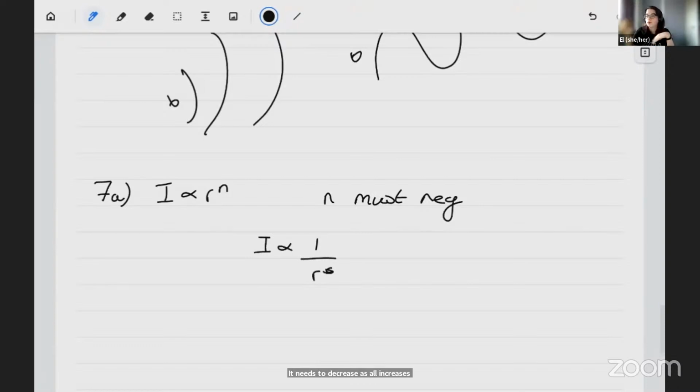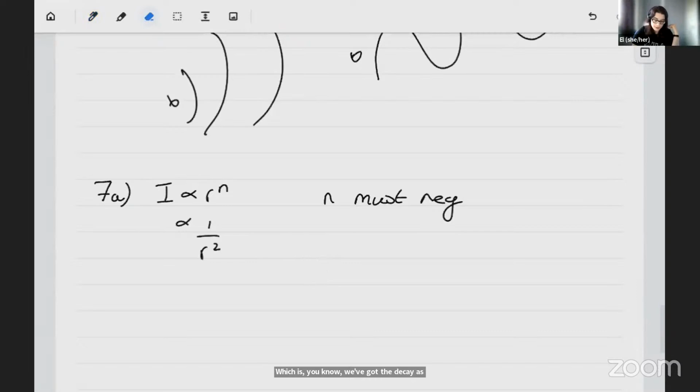So this is related to a bunch of other laws that have a similar form. And this is an inverse square law. So can maybe people put in the chat what other examples of inverse square laws have you come across? So things that are proportional to 1 over R squared, which is, we've got the decay as things move apart, and then it's not decaying linearly.